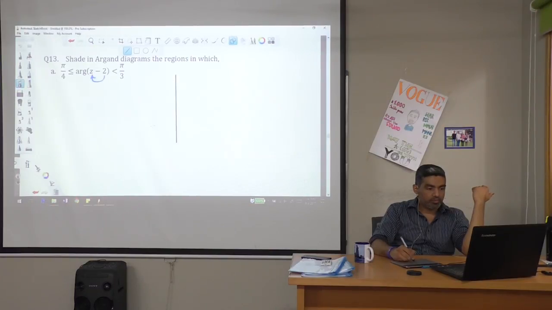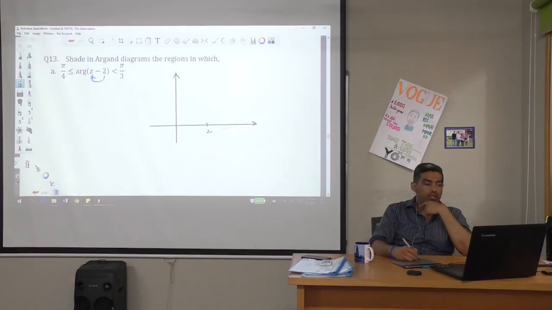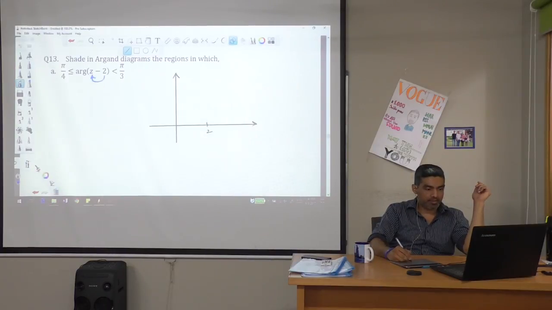Let's mark 2. Let's say 2 is here. Now it says between pi by 4 and pi by 3. Let's first make the pi by 4 line, and that line is included. So the pi by 4 line is something like this. Everyone's okay with that?